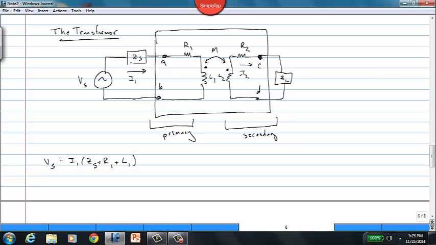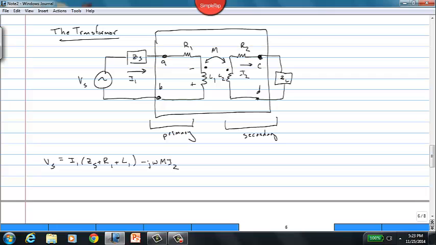In this, we see that the reference current I2 leaves the positive terminal. That means the voltage induced in L1 due to the mutual inductance M is negative here. And so we have to subtract off jωM times I2.